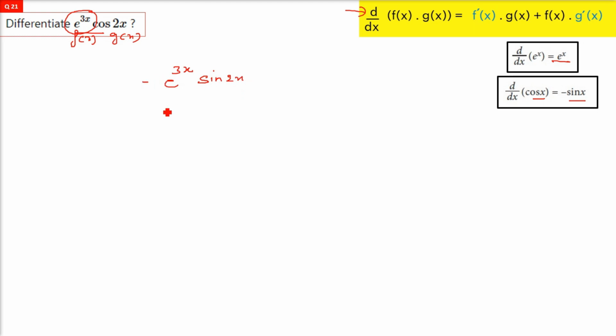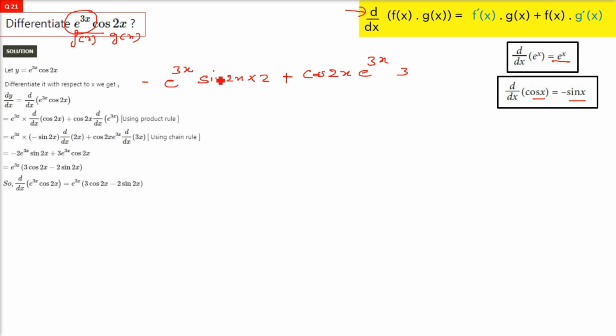Now you have to differentiate 2x also. You cannot leave 2x. Differentiation of 2x is 2. Right? Then we have the addition, and the differentiation of e to the power 3x will give you something like that. So cos 2x, e to the power 3x and then 3x also. Okay. So when you see the result here, it's going to be e to the power 3x, you can take common.